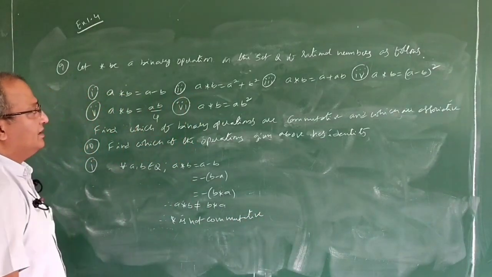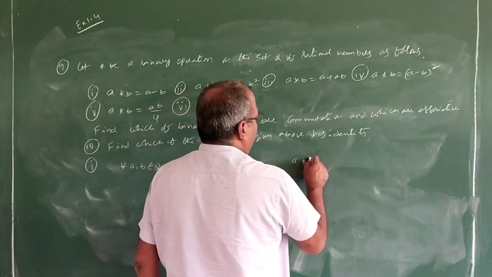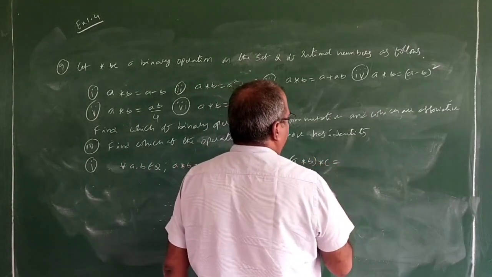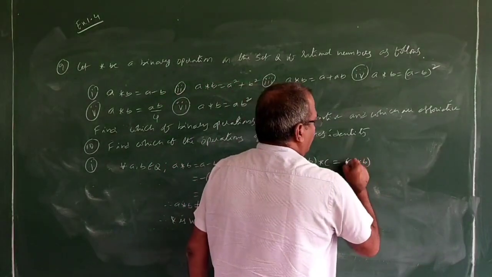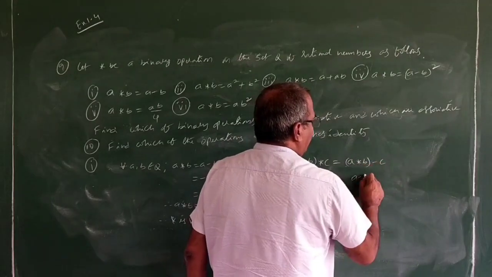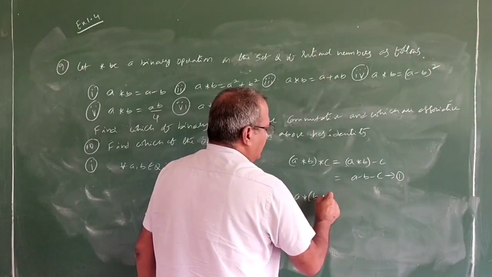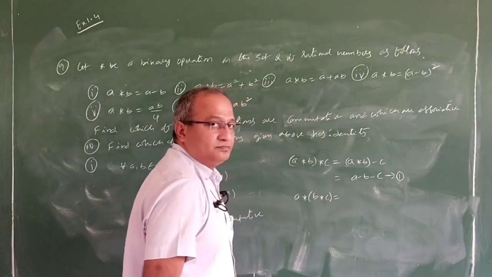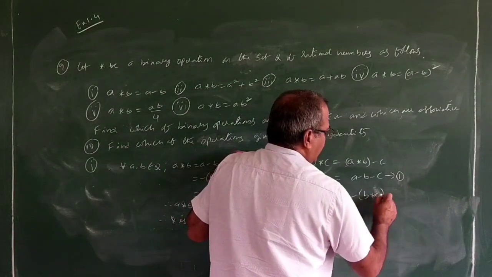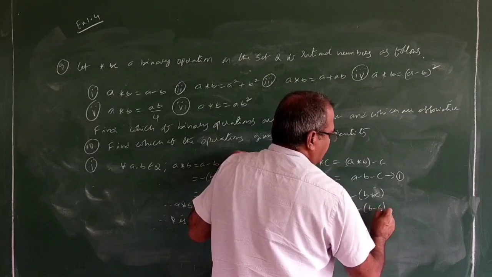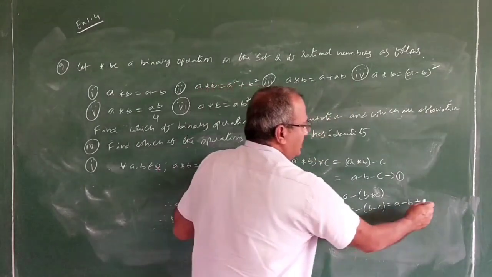Next, they are asking about associative. To do associative, see A star of B star C. What will happen? Already I told you, brackets are very important. A star of B star C, where B star C is B minus C. A star B can be written as A minus B. You take this as 1. A star of B star C is equal to A minus of B star C, A minus of B minus C, which can be written as A minus B plus C. Here you take this as 2.